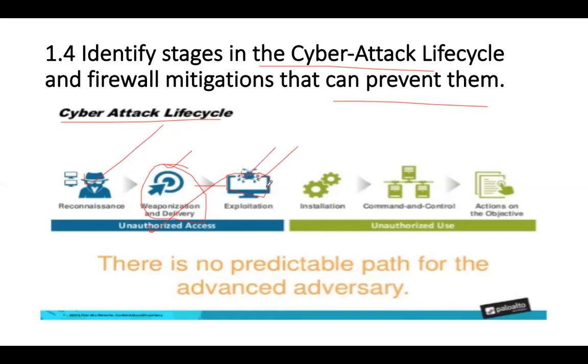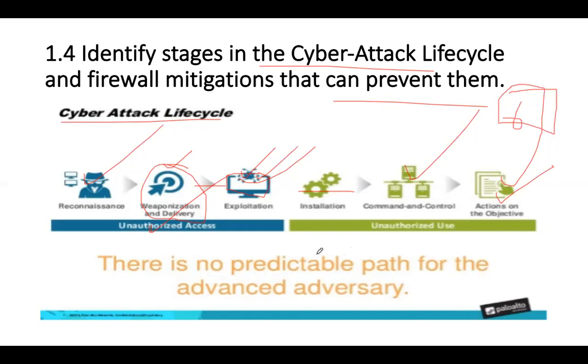So once installation happens, you can have command and control of this machine: what you're sending, to whom you're sending, and capture all the packets. Then action on the objectives: each and every copy of what you are sending to the network will be sent somewhere else, to a global server or the objective server. So this is basically the cyber attack life cycle.